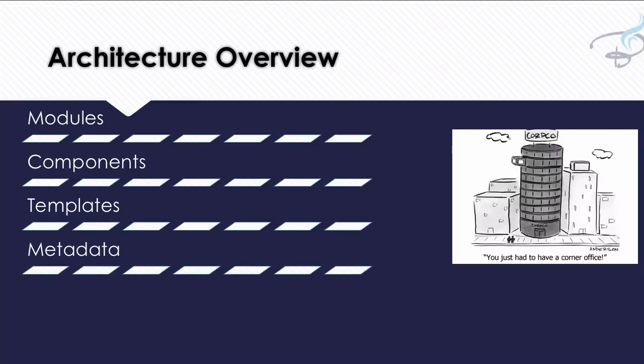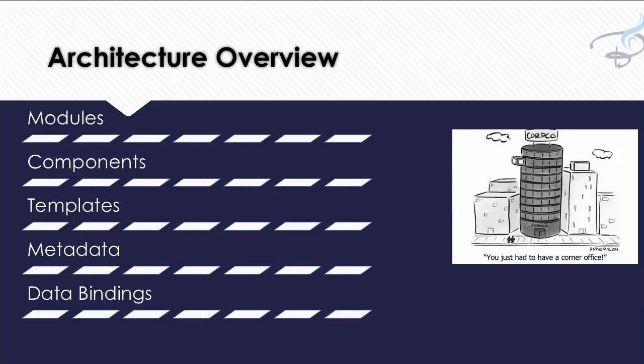Then the architecture also includes metadata. Metadata is like some information about something else. We will see all these things later, just list all the things we have to learn. Then the data binding. Obviously we are using a JavaScript framework, so we have to modify our template, modify our DOM according to our need or according to user interaction.